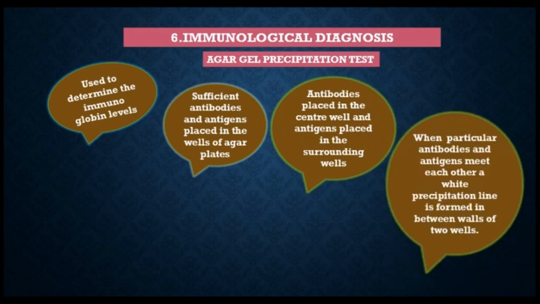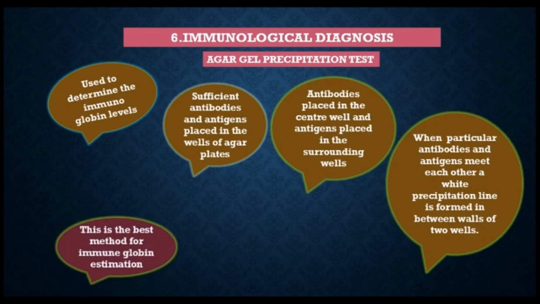When particular antibodies and antigens meet each other, a white precipitation line is formed between the walls of two wells. By observing these precipitation lines, we can assess the immunoglobulin levels of the organism. This is the best method for immunoglobulin estimation.